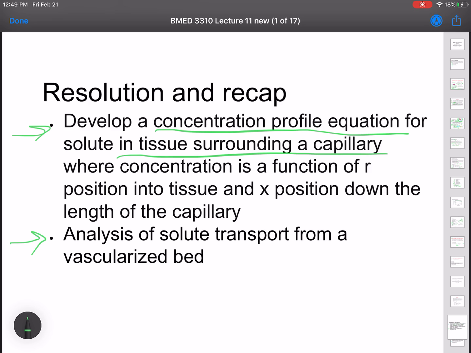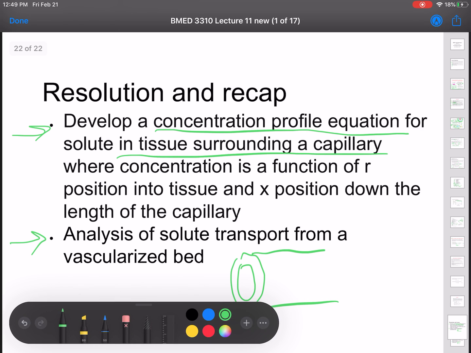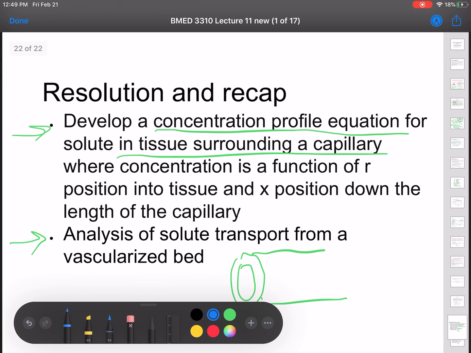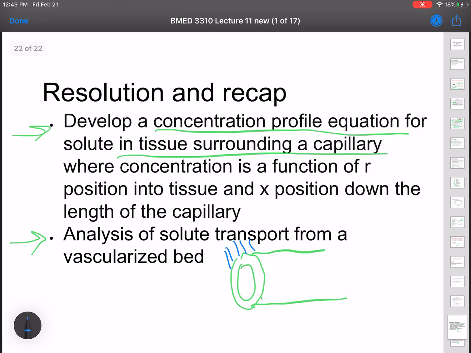But the thing that we modeled was the capillary, and then tissue around it. This is the Krogh tissue cylinder.